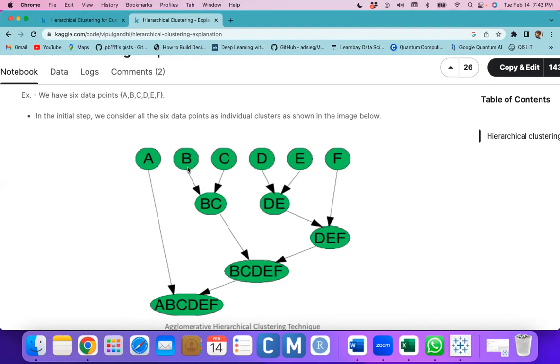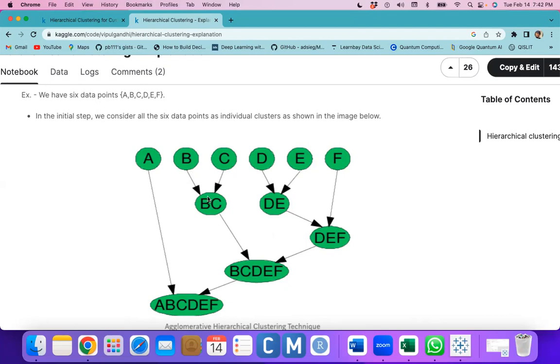Then BC and DEF, having similar properties, become one group. This is the way it merges similar clusters. Clear?